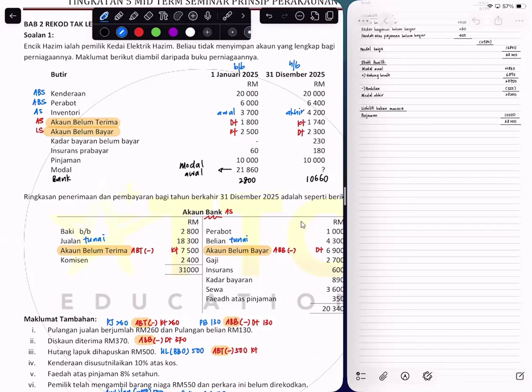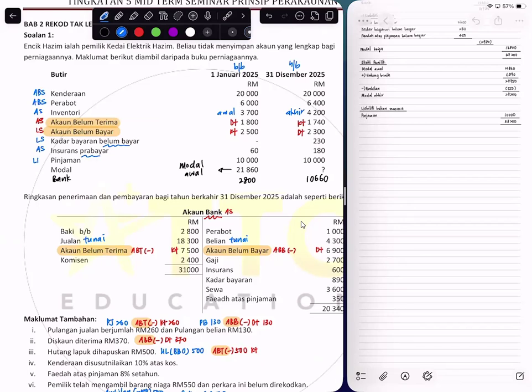ABB, LS. Kadar bayaran belum bayar. Whenever see belum bayar, whenever see prabayar, belum terima, belum terperoleh, that means you need to do pelarasan later. Okay, then kadar bayaran belum bayar, LS. Insurance prabayar, AS. So you will see here, teacher underline the belum bayar prabayar term because you need to take note, you need to come back here to find out your pelarasan later.